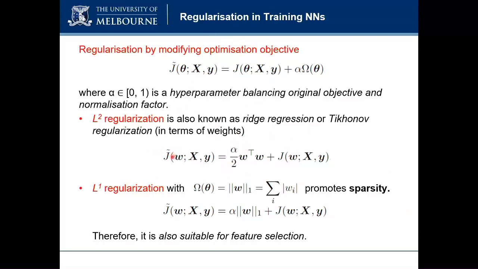So regularization helps. This is also suitable for feature selection. If you are using a neural network to select features and zero out some weights, that will give you more condensed features like we were doing in PCA. So we start with a huge feature vector and map it to a smaller one. So sparsity can also be used for feature selection like that.